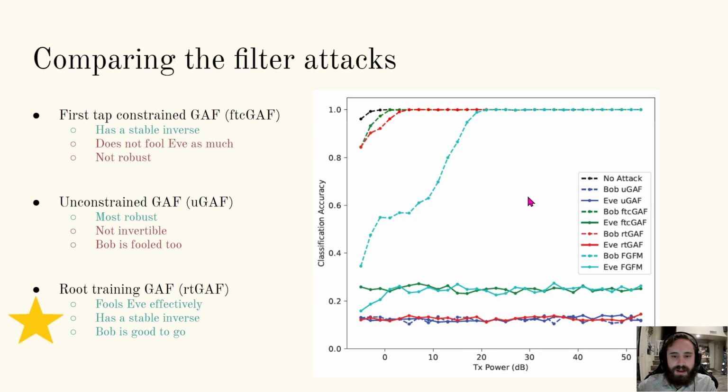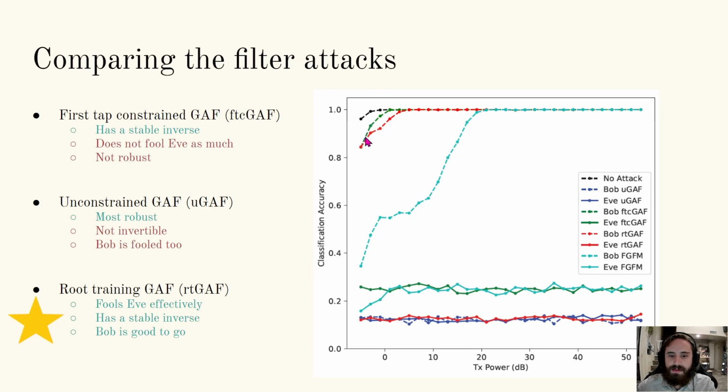When the unconstrained GAF is applied, the filter created is very good at fooling neural networks. However, it doesn't have a stable inverse. So Bob has no idea what's going on. Eve has no idea what's going on. Nobody's happy. But if we use the first tap constrained GAF in green, Eve's classification accuracy is actually quite low, which is good. However, the first tap constrained GAF is not very general, so her classification accuracy isn't as low as it could be.